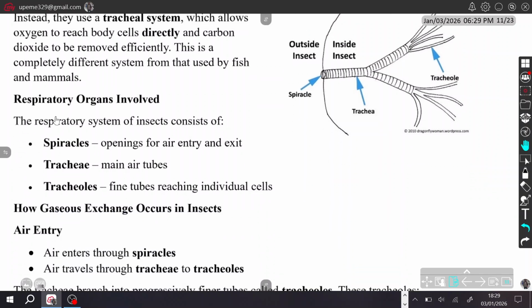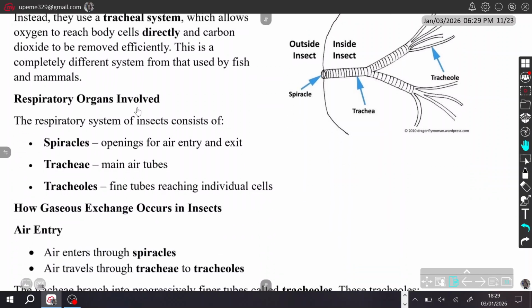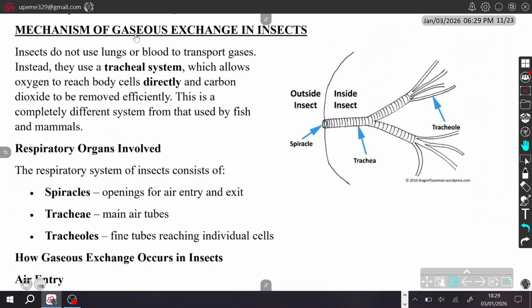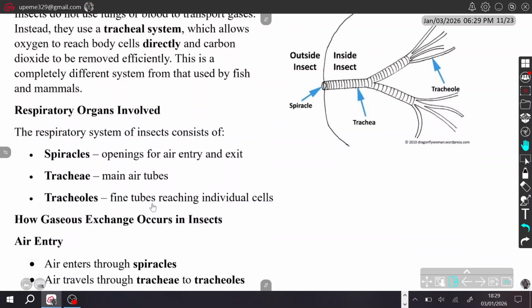So we come to the respiratory organs involved in the mechanism of gaseous exchange in insects. The respiratory system of insects consists of spiracles, which we already talked about, openings for air entry and exit. Then the trachea, main air tubes. Then the tracheoles, fine tubes reaching individual cells.